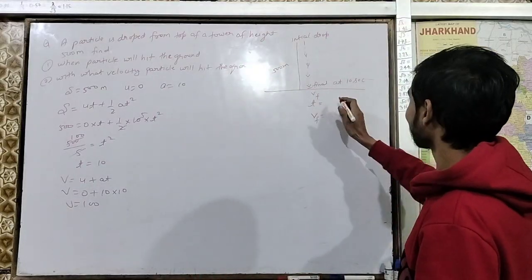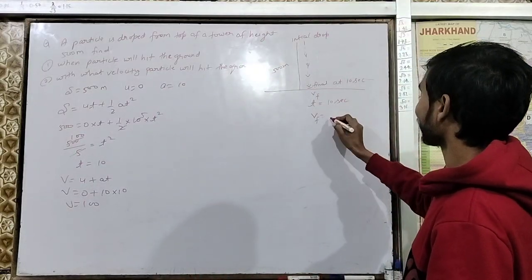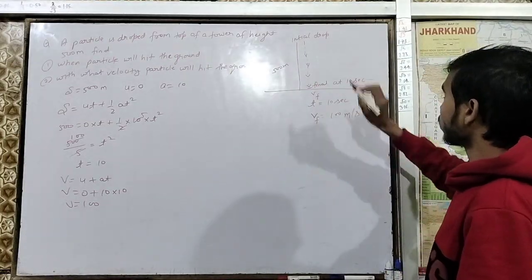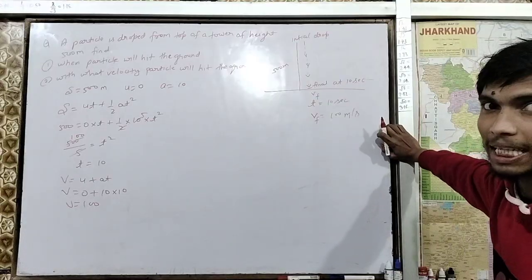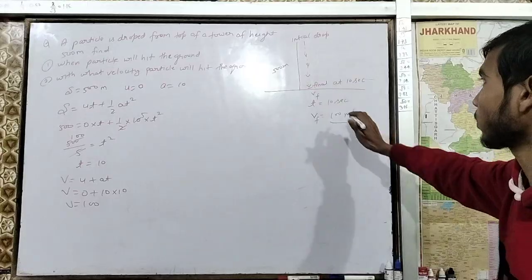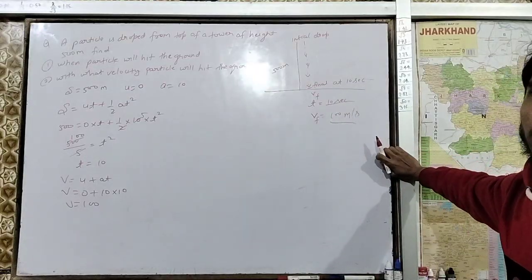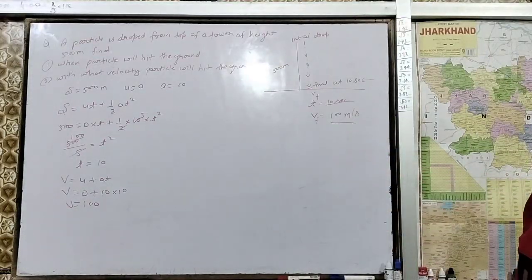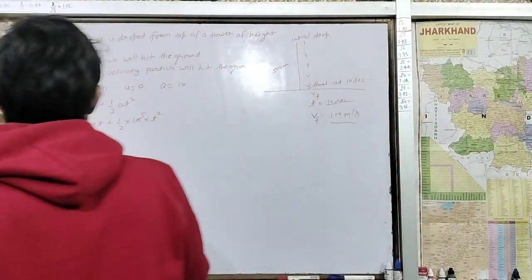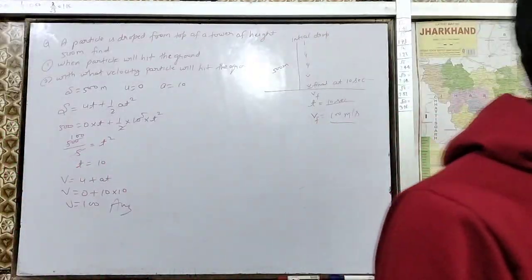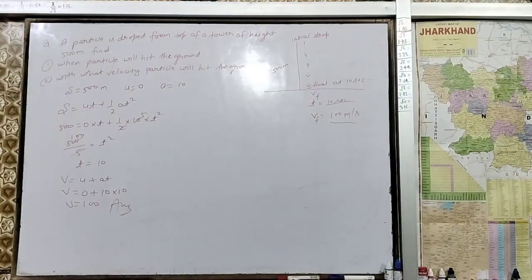Time is 10 seconds and final velocity is 100. It will take 10 seconds to hit the ground with a velocity of 100 meters per second. So finally we have solved this question. This is your answer. It was not difficult. Again and again I am telling you, if you understand the concept carefully, then the question will be yours.